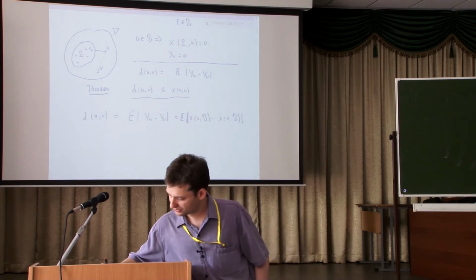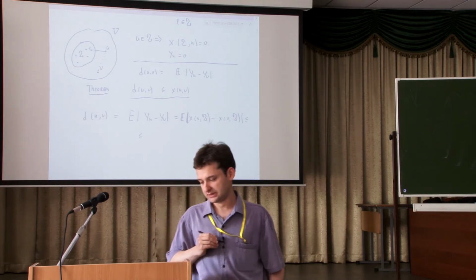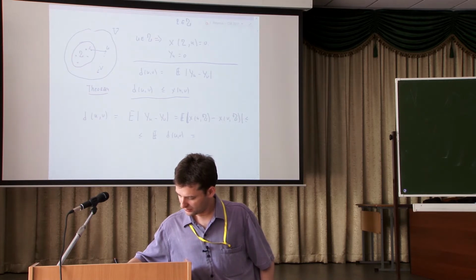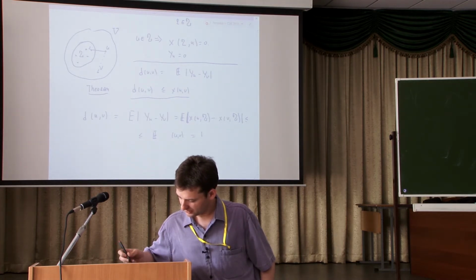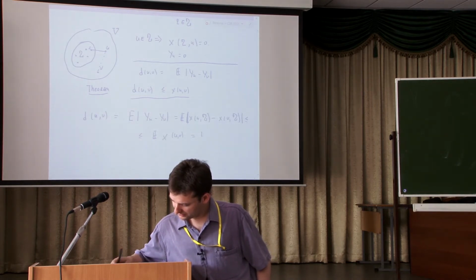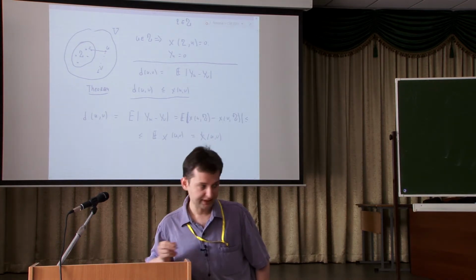Now we just use the triangle inequality, and we get that this is less than the expectation of X of U,V, which is just X of U,V, right?